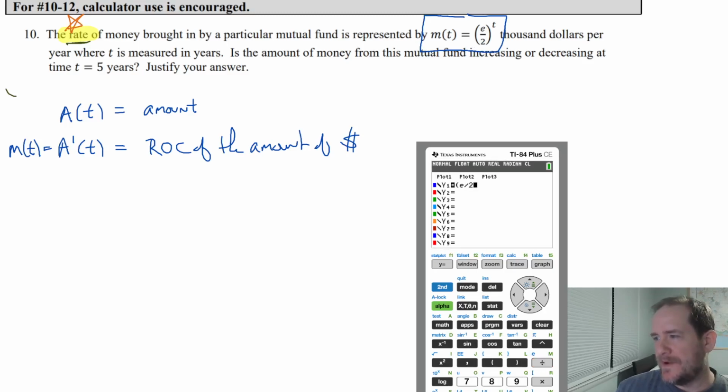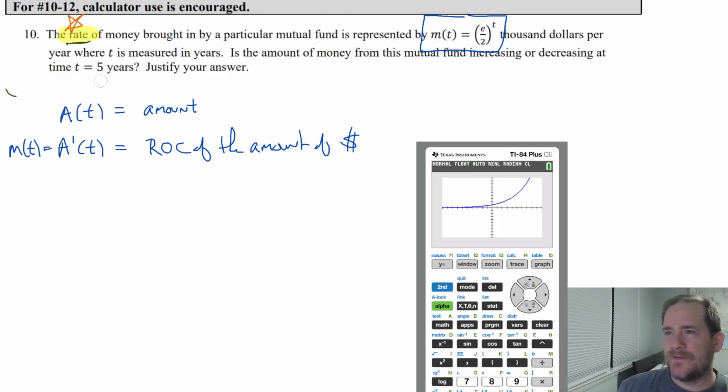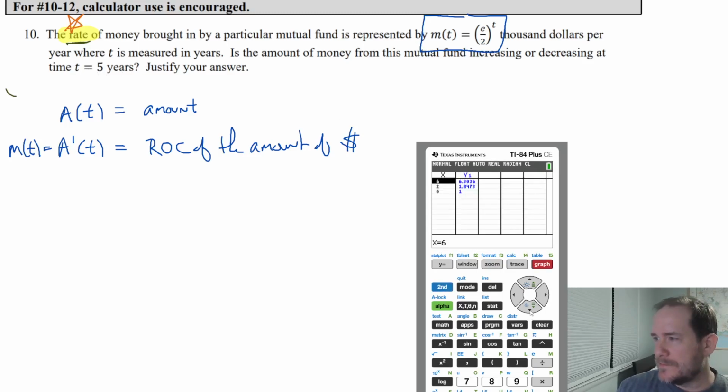So e divided by 2 is the base, and we're raising it to the power of t technically, but we'll use x, of course. Now I could hit graph, I guess, but I don't really care about anything except the value of my derivative when t is 5. So this already is my derivative, so I could go to my table and enter 5 and just see what I get. I get a positive 4 point blah blah blah.